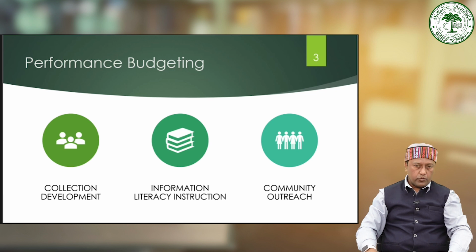For example, let me give you one example about collection development. The budget allocation is based on the expected increase in the number of books added to the collection and usage statistics. So the focus, as I told you, shifts to performance.